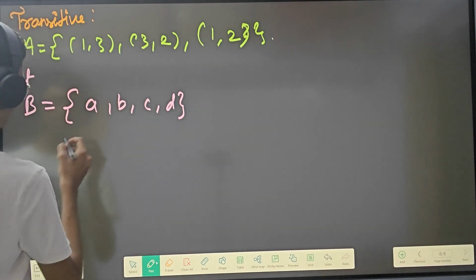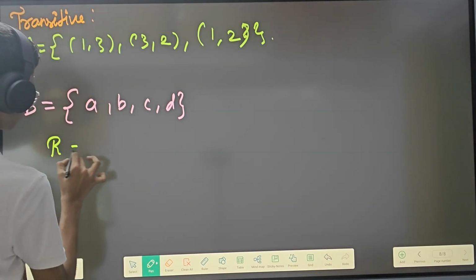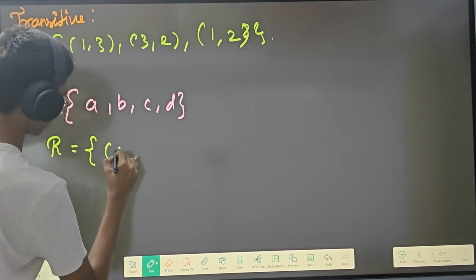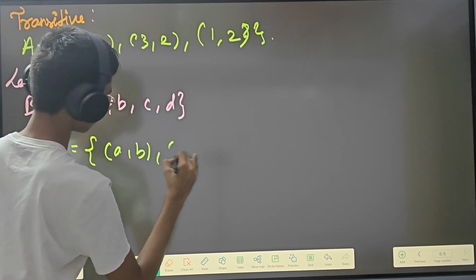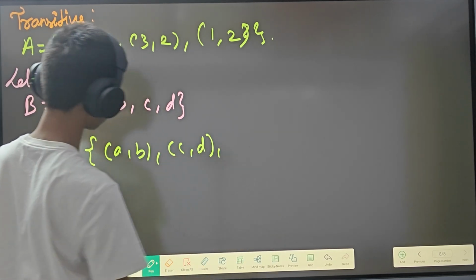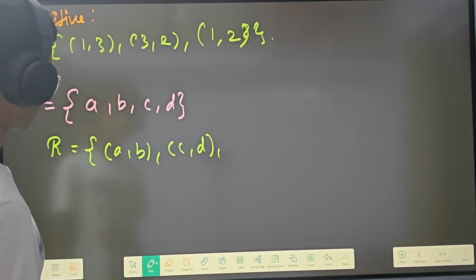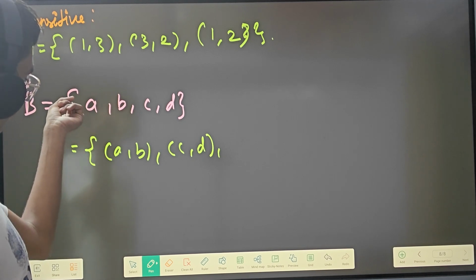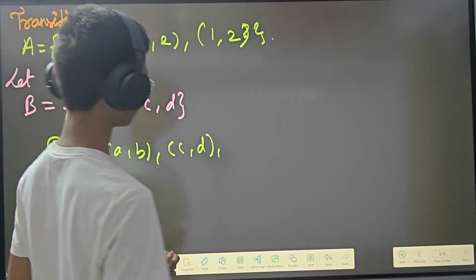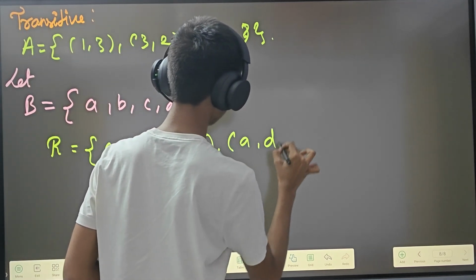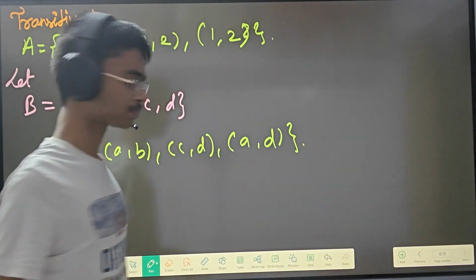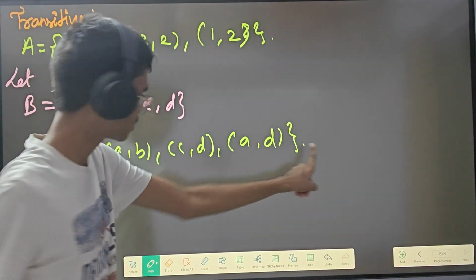That's going to be A comma B, C comma D, then A comma D also we will take. Check, is there any relation between these two?